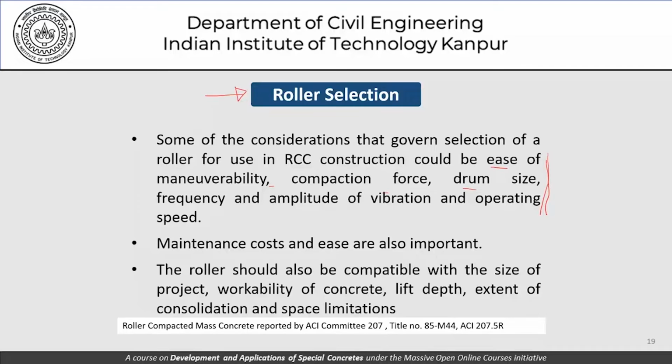So it is important that we choose the roller not only considering the roller characteristics but also the construction characteristics. That is, what is the lift depth, what is the extent of consolidation required, and what are the space limitations at the site where the roller has to go and vibrate and compact the concrete.